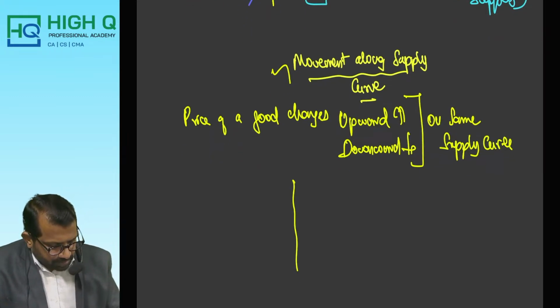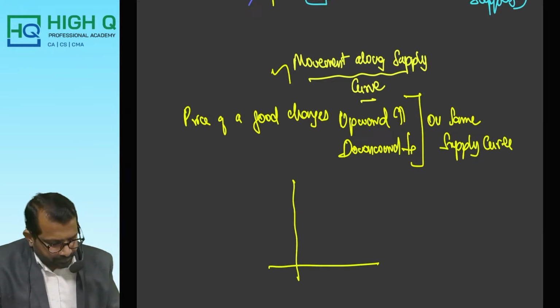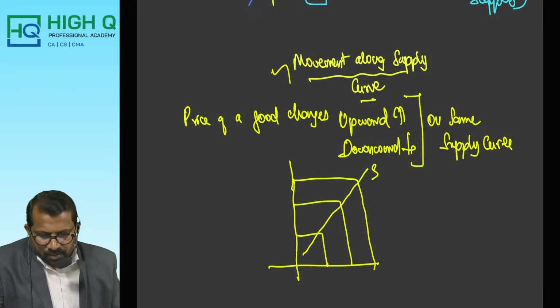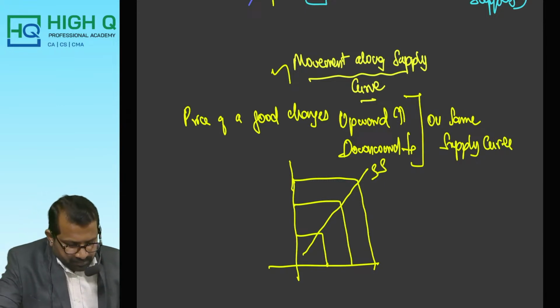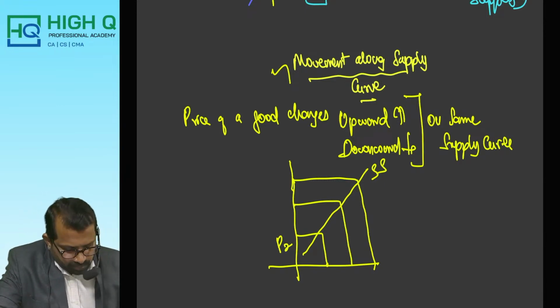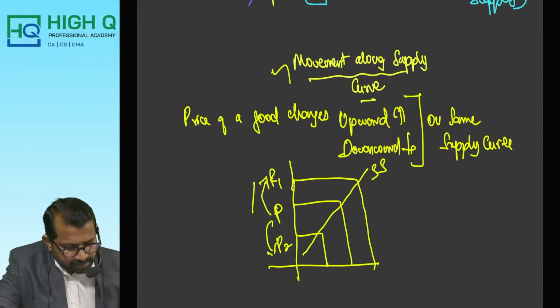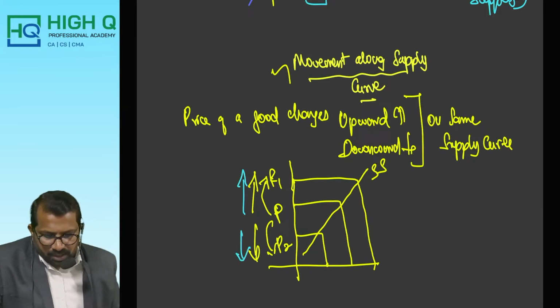Say, for example, the same supply curve, P2, P1. Price increases, price decreases, upward, downward, but the supply curve is the same.